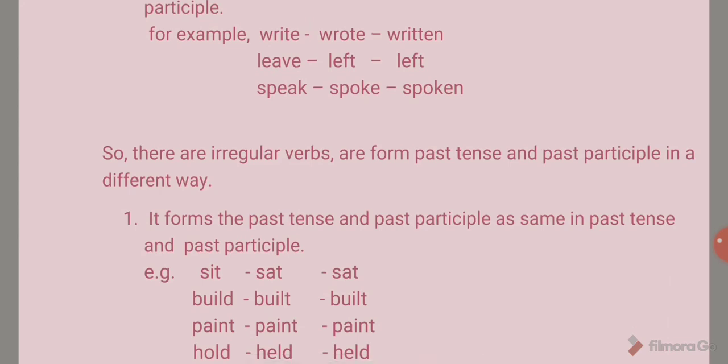In one type, the past tense and past participle are the same. The base form of the verb changes in a different way in the past tense, and in the past participle it remains as it is. Sit changes to sat in the past tense and remains sat in the past participle.